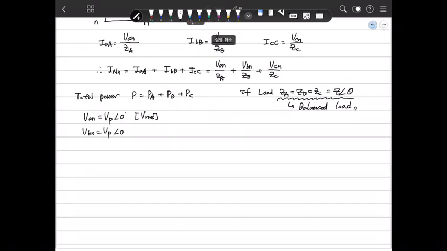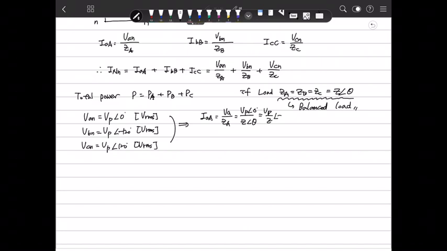VBN is VP at minus 120. Then IA is VA divided by ZA, that will be VP at 0 over Z at theta, so it will be (VP/Z) at minus theta.